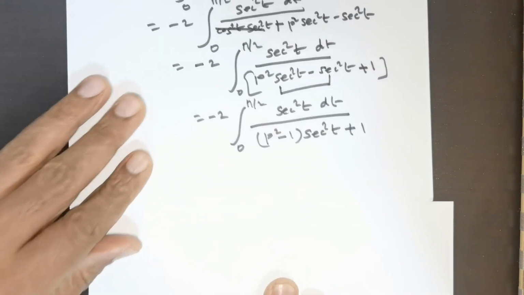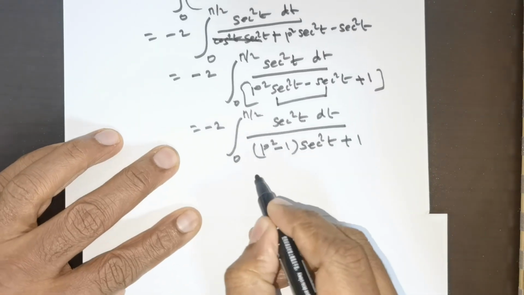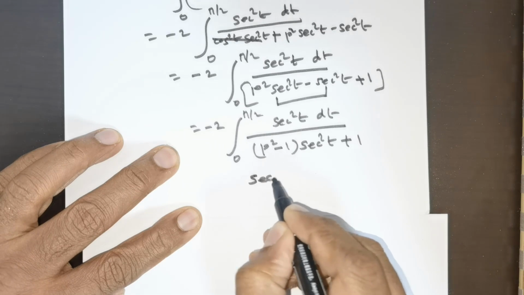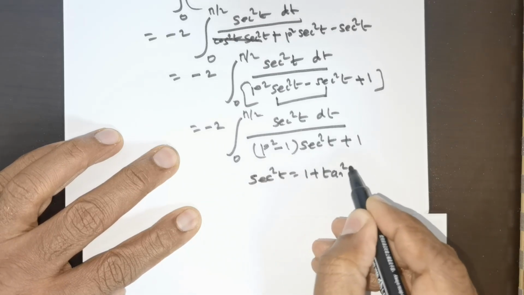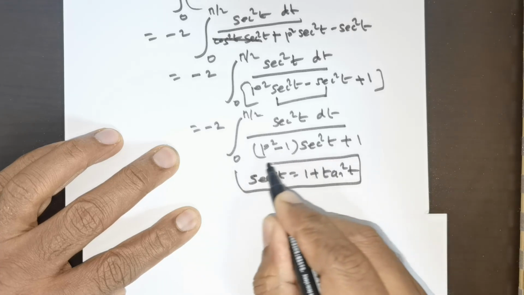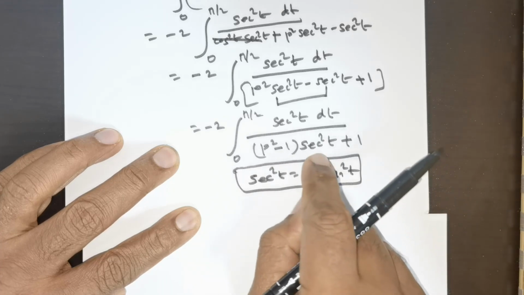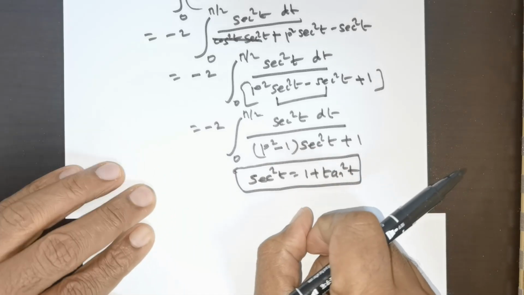Now I'm going to use this identity: secant squared t is equal to 1 plus tan squared t. So I'm going to replace this with this.